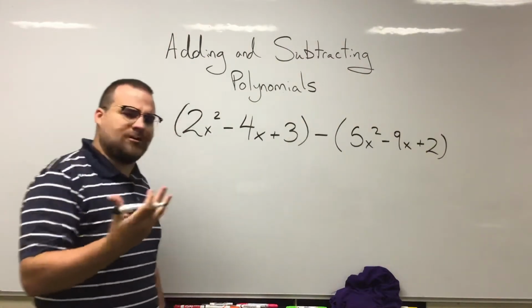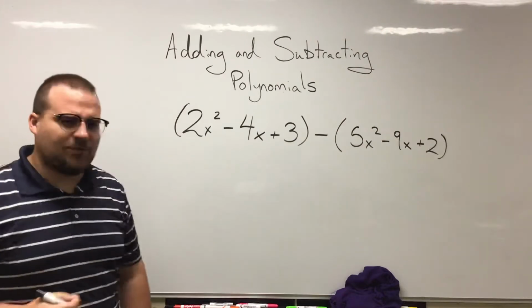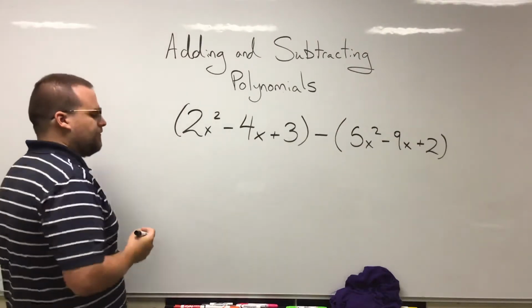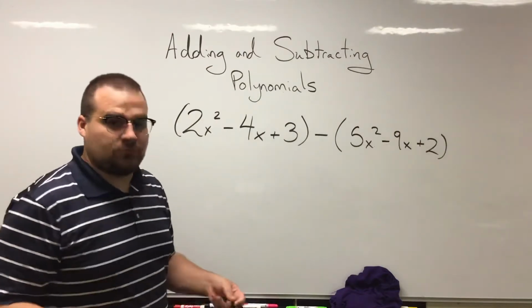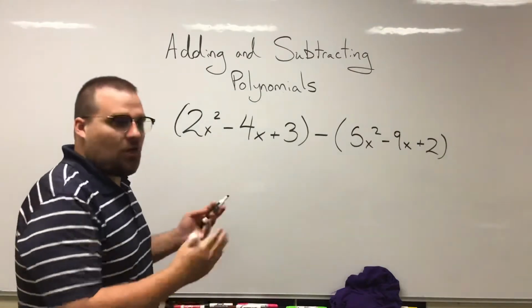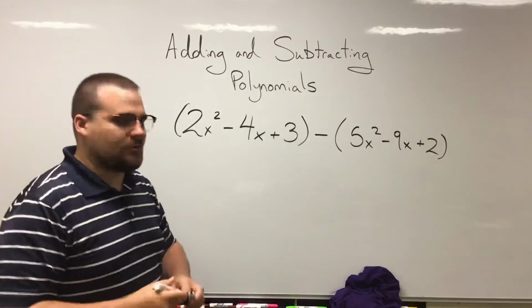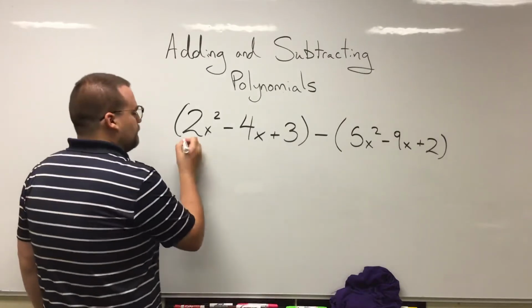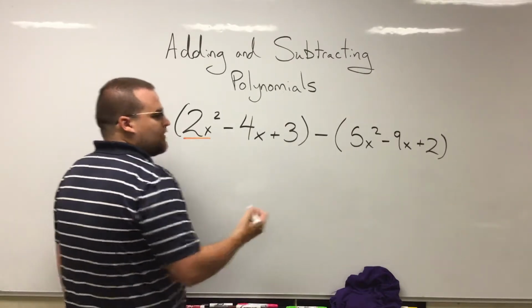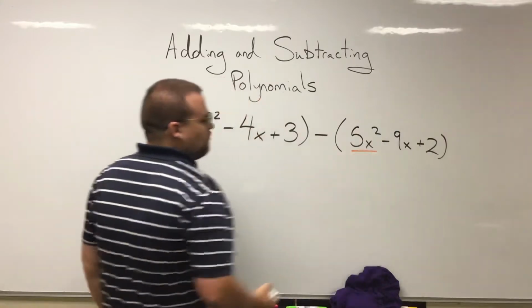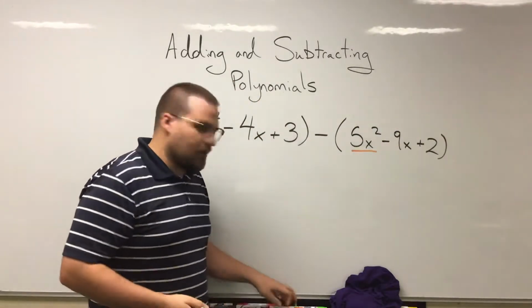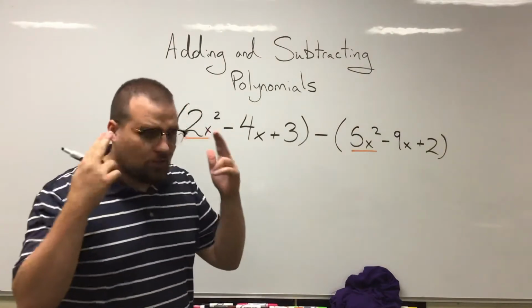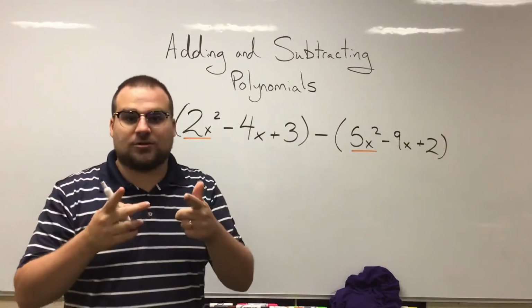Or maybe it won't work differently, we just have to keep in mind what we're doing with subtraction here. We still want to identify our like terms, our x squareds, our x's, our whole numbers, or our constants. So we have 2x squared here and 5x squared here. Now both of those numbers are positive, and under normal circumstances you would think, okay, I need to add those.